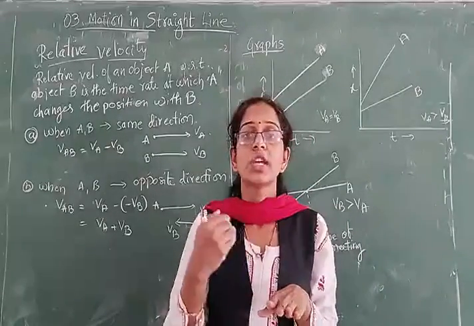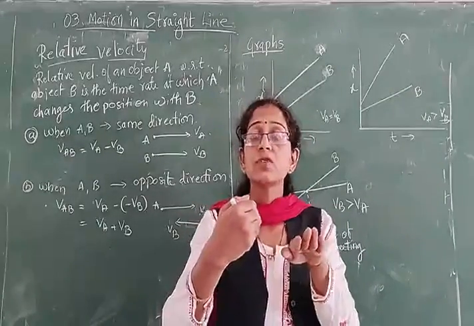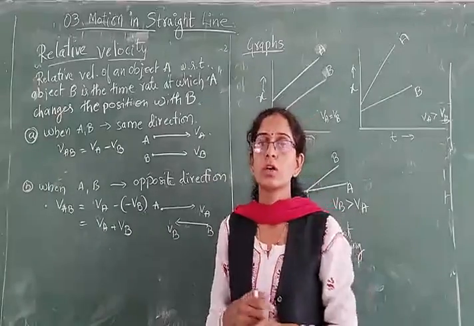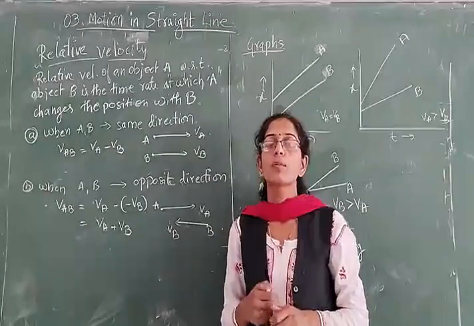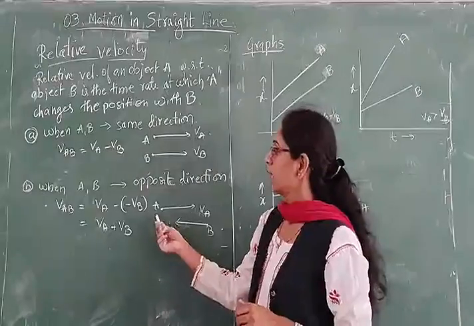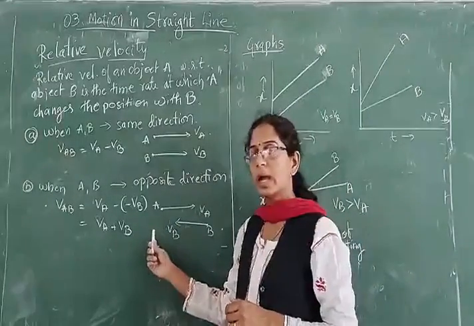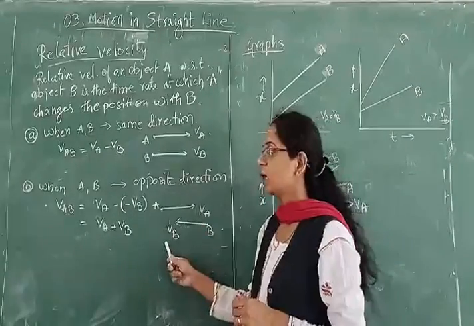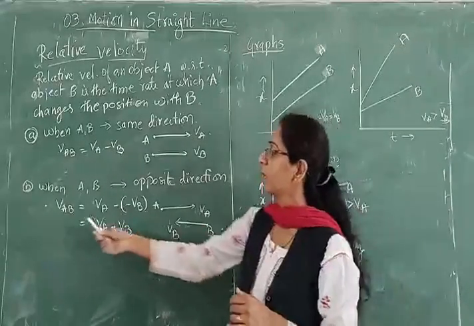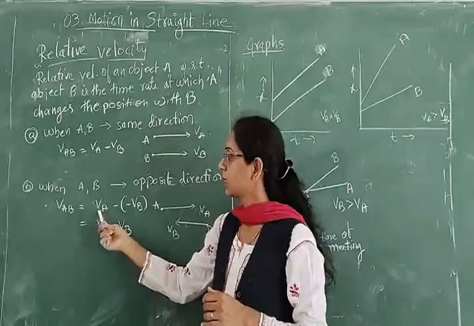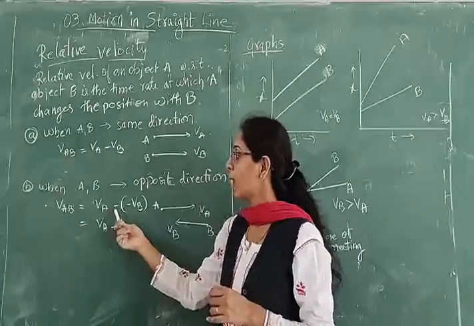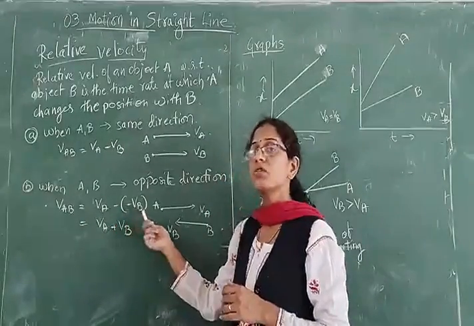Therefore, to check the value, you need to take a negative sign for the velocity of the second person, that is for object B. A is moving in the forward direction, B is moving in the backward direction. They have velocities VA and VB. Then relative velocity is given by taking the difference, VA minus VB.